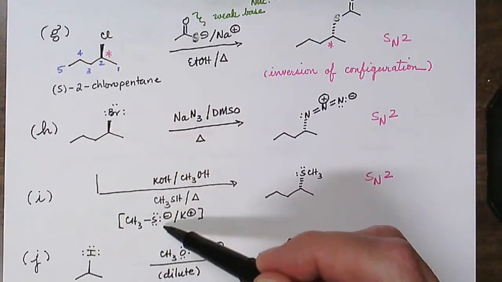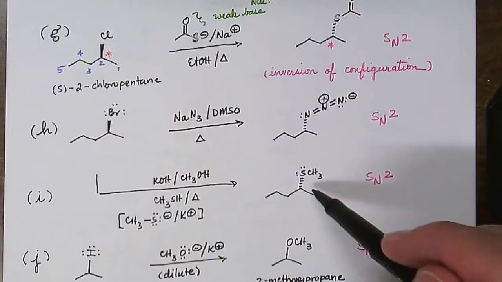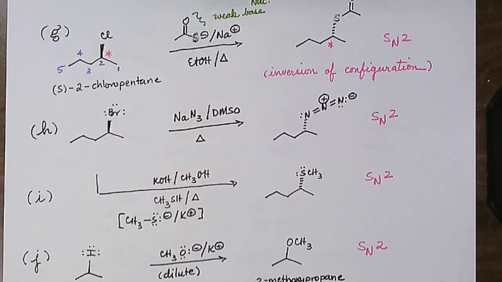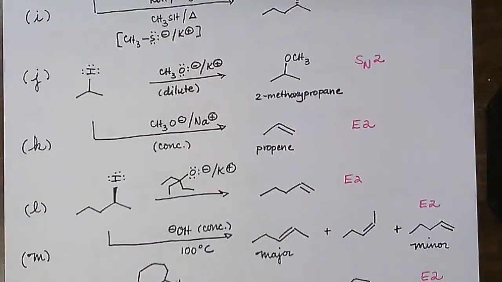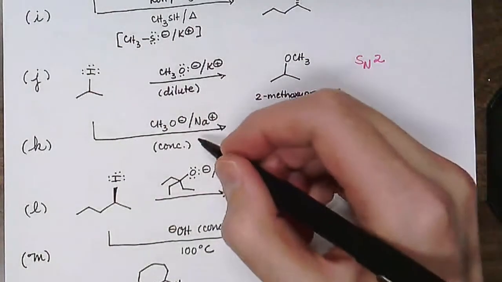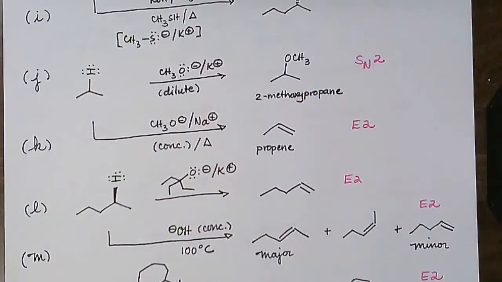This negatively charged sulfur atom is a champion of nucleophiles and would most certainly produce the SN2 product, again with inversion of configuration. If you have a dilute concentration of potassium methoxide, we would observe mostly an SN2 process. However, if you have a concentrated solution of sodium methoxide and you're heating the reaction mixture, we would expect mostly E2 elimination.